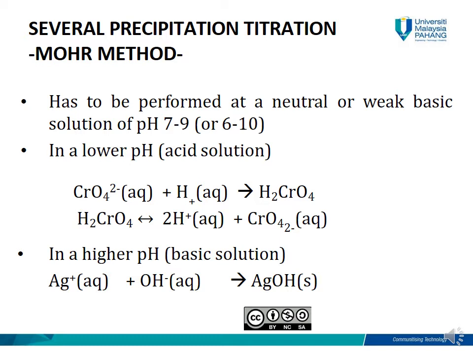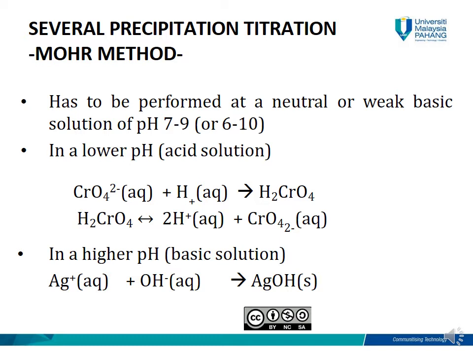So that is the problem. Whereas in a higher pH, which is a basic solution, silver hydroxide will be formed, and this is not what we want, because we want silver chromate to be formed.